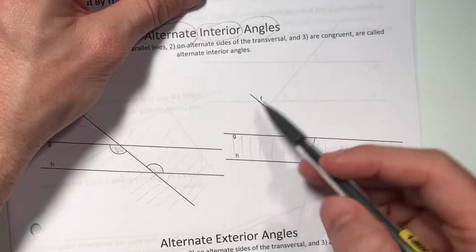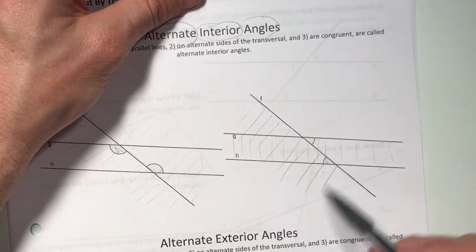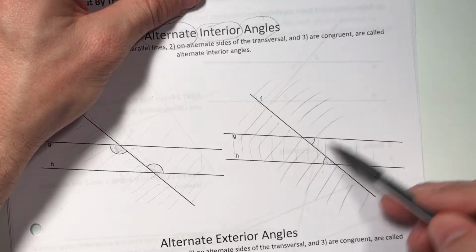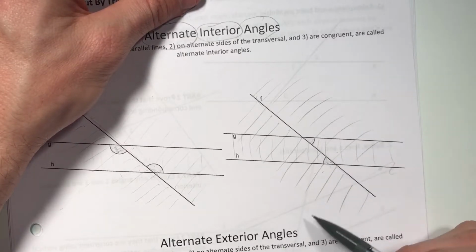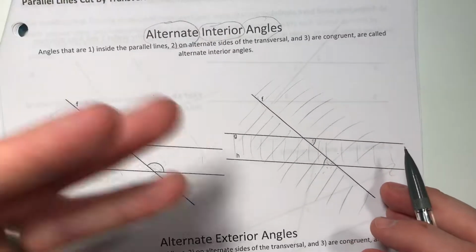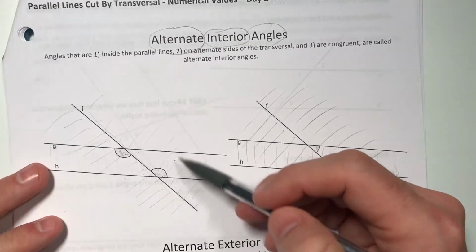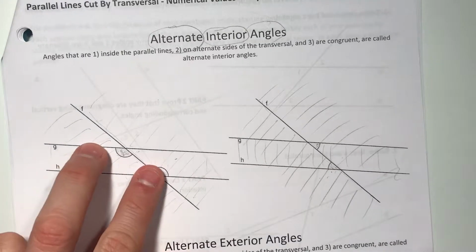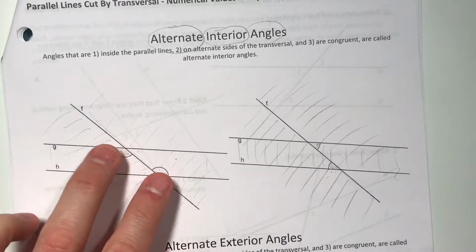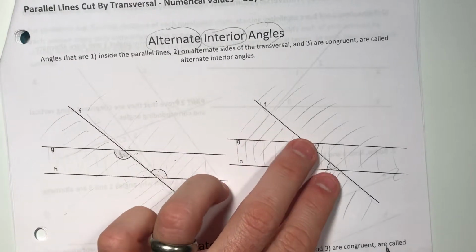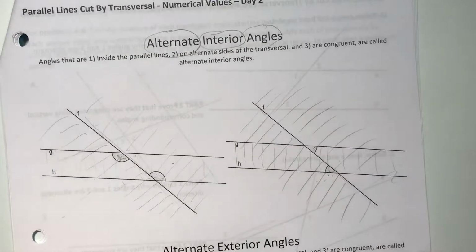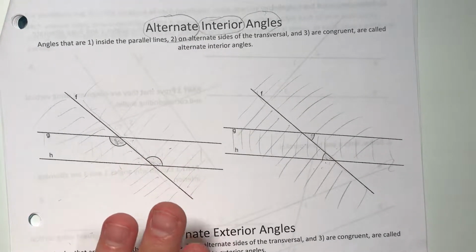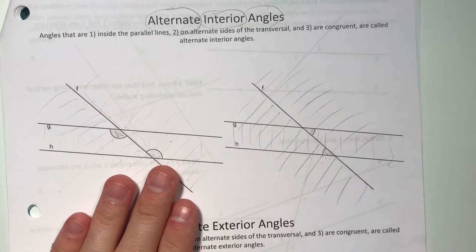There's this one side, and this angle's on that side. And then there's another side, and this angle is on that side. And they're the same size. So those are the three things that need to be true: inside the pipe, on opposite sides of the line, and the same size. Those are called alternate interior angles. So this is a pair of alternate interior angles, and this is another pair. This is advanced stuff. If you can get your head around that, you should be proud of yourself. This is moving forward, okay?